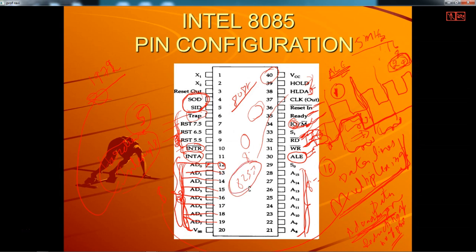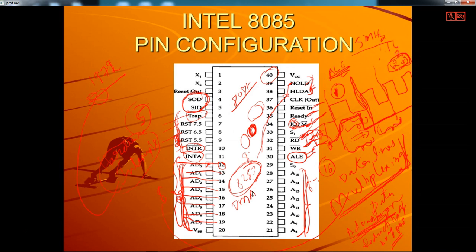So the DMA controller 8257 gives a request on the hold pin, and if it is a valid request, then the processor grants the permission to use the data buses. Then this 8257 will become master at that time, and the transfer will be done at a faster rate. This is called DMA, direct memory access, right?